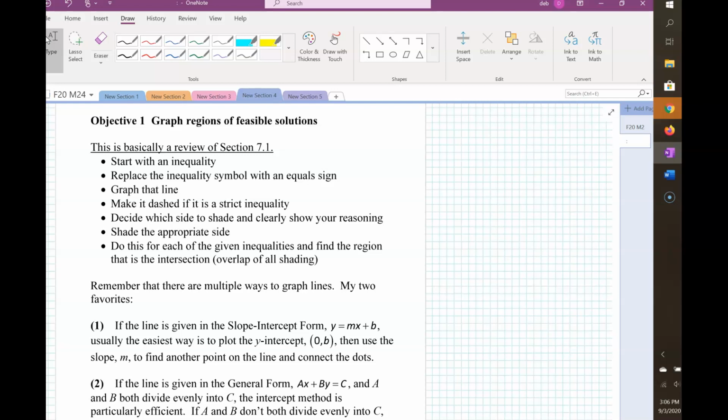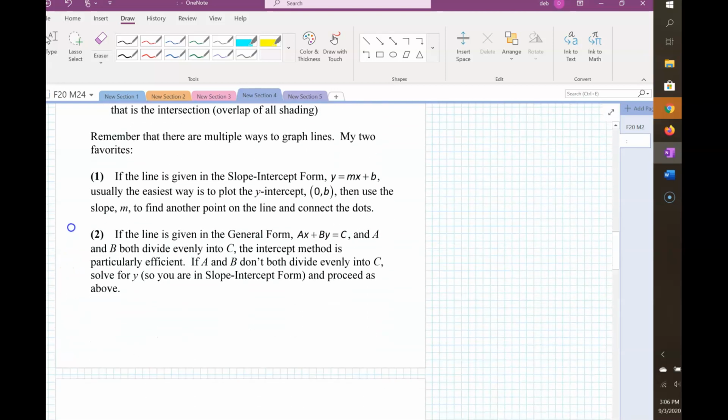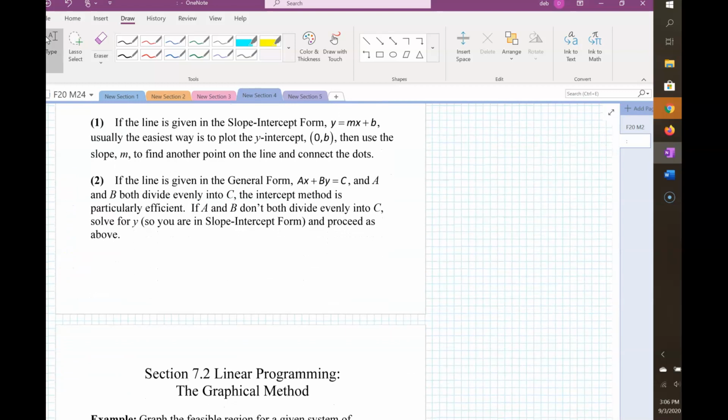So remember, there's multiple ways to graph lines. My two favorites are if the line is in slope-intercept form. If it already looks like y equals mx plus b, then plot the intercept of 0, b and use the slope m to find another point on the line and then connect those dots. You can do all equations of lines that way.